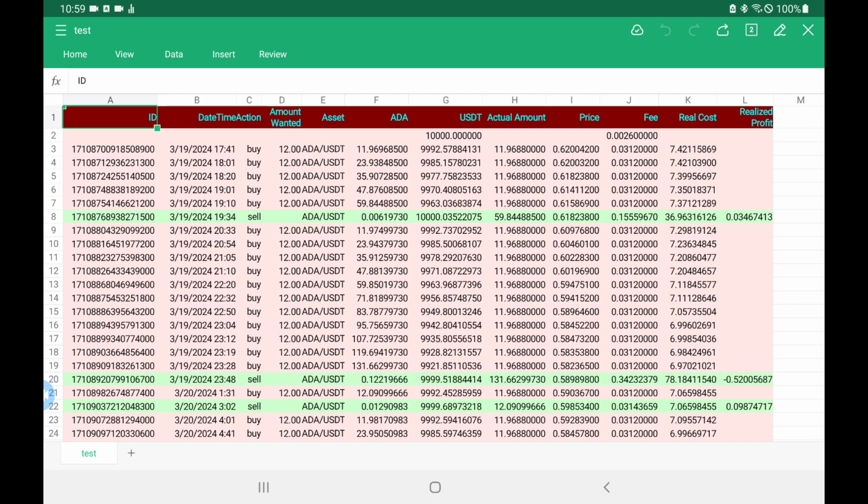So for the purposes of this demonstration, we're going to use the pair ADA USDT. Now that is actually two wallets. We're going to be using the ADA wallet as the base currency, or left side of the pair, and the USDT wallet as the quote currency, or right side of the pair.